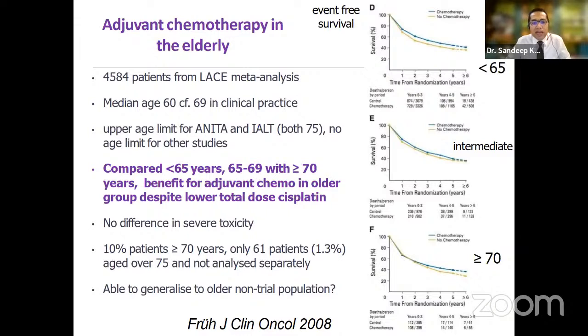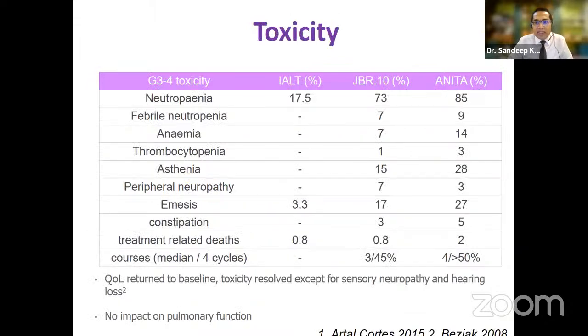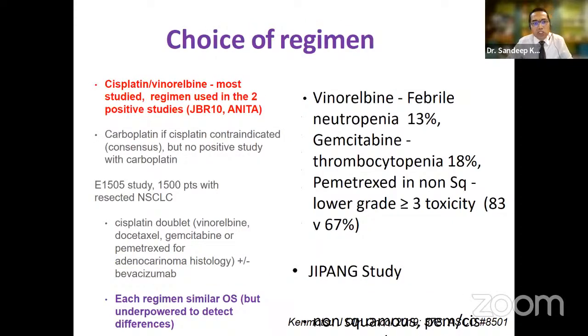So that is why we are able to only extrapolate the data that we have learned from the ANITA, the LACE analysis, and the several other trials, which have conclusively made a statement that the adjuvant chemotherapy helps in all. So again, the toxicity, we all know the general chemotherapy related toxicities, that is neutropenia, febrile neutropenia, thrombocytopenia, peripheral neuropathies, and emesis. Choice of regimen.